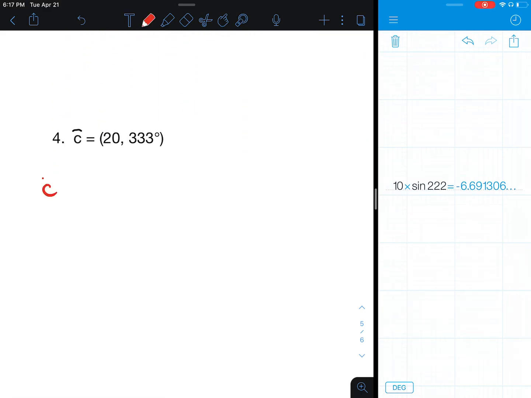Number 4, the components is going to be the radius times cosine of the angle, followed by the radius times sine of the angle.